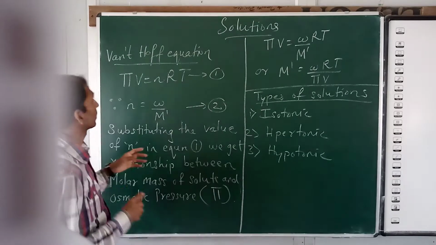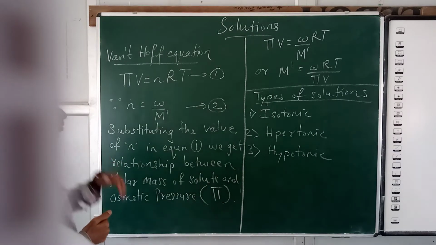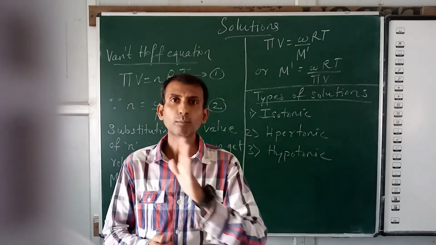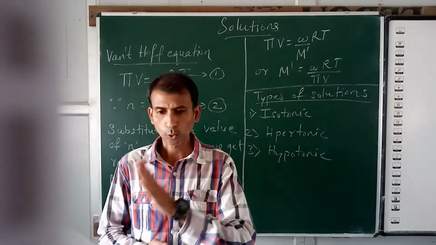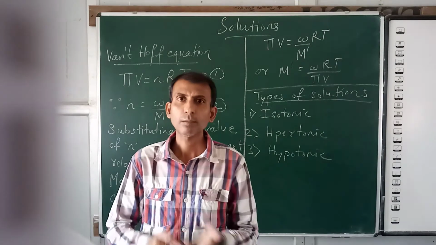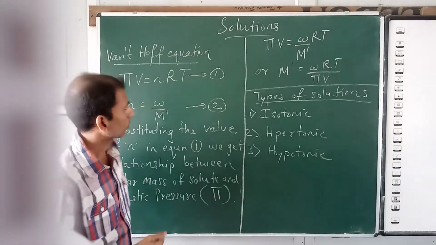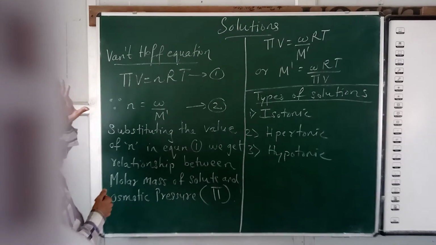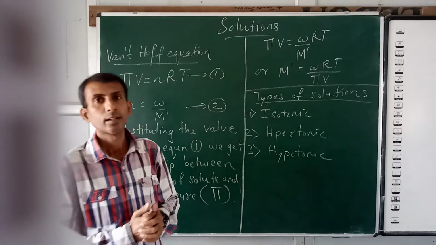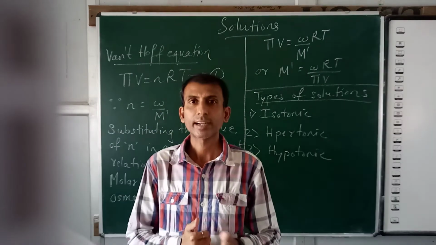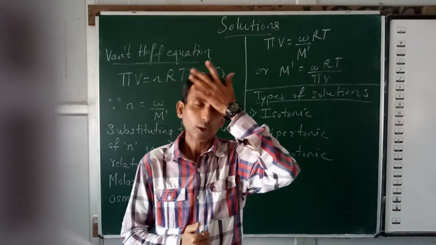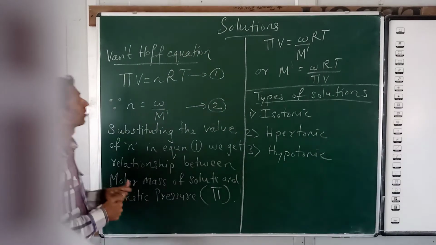So osmosis means the process or phenomenon of spontaneous and unidirectional flow of solvent molecules from the medium of lower concentration to the medium of higher concentration through a semi-permeable membrane. So that is the definition for osmosis. And the pressure created because of this osmosis is called osmotic pressure, denoted by pi.